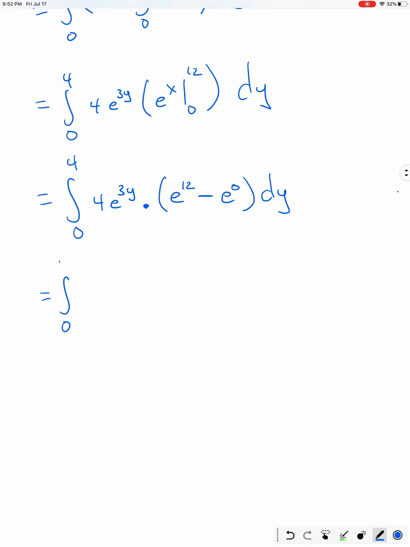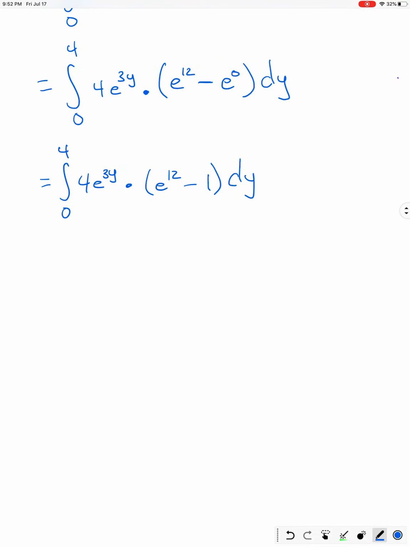So that can simplify just a little bit. Now I have the integral from 0 to 4 of 4 times e to the 3y times e to the 12th, which of course is just a constant, minus e to the 0, which is 1. This term is a constant, and this is a constant, so I'm going to pull those constants outside.